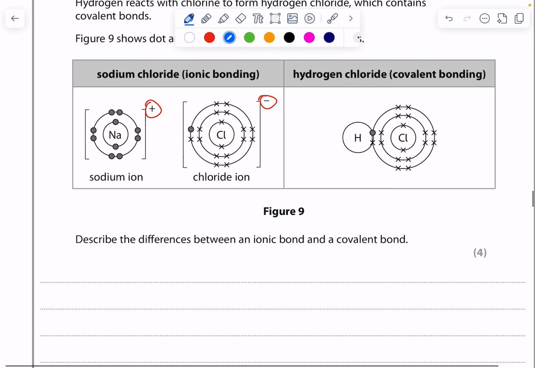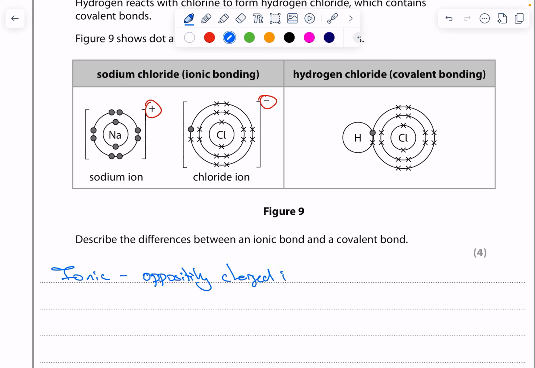So underneath here, I'm going to put down the ionic bonding: oppositely charged ions are held together by electrostatic attractions.